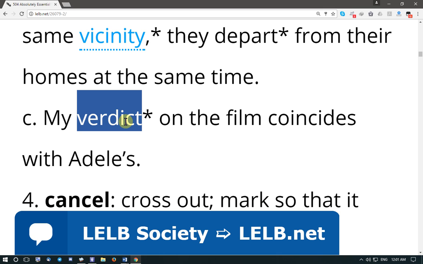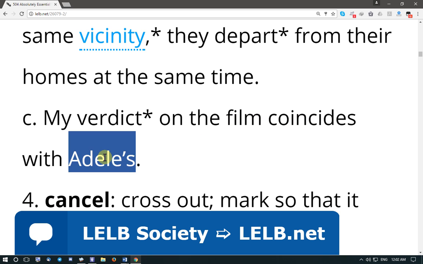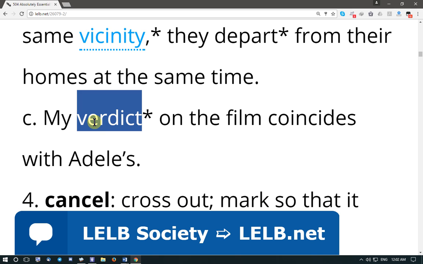So this rendering or explanation of the film coincides or matches with Adele's. There is an apostrophe here, and it means Adele's explanation or Adele's verdict.